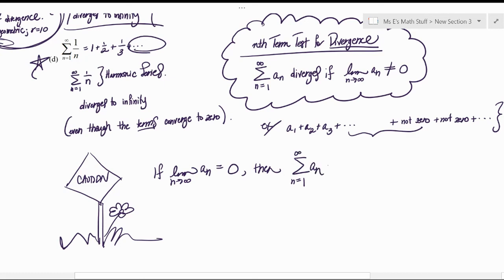But the truth is that if your terms go to 0, it doesn't mean anything, because maybe your terms didn't go to 0 fast enough, like we've talked about in the past. And so it turns out that the sum could converge or diverge. Could go either way.